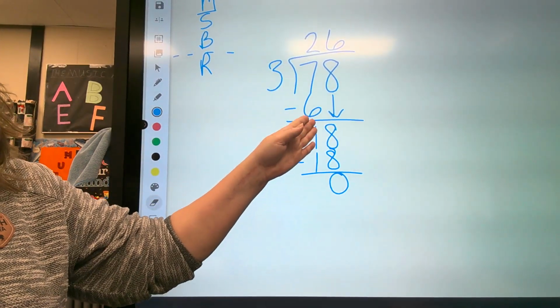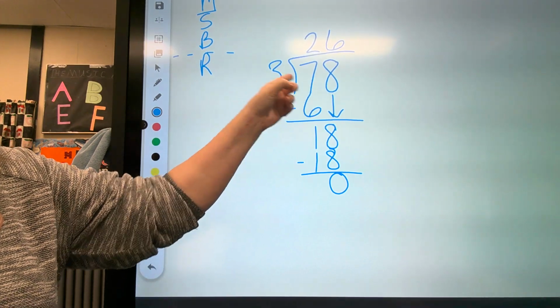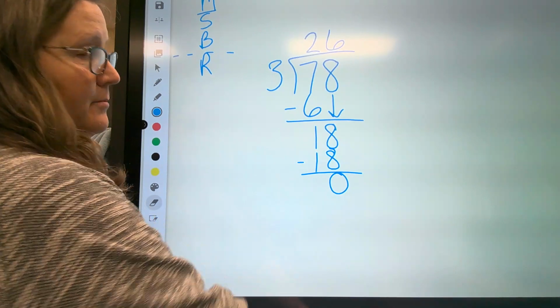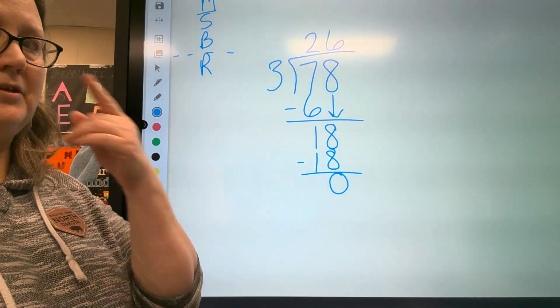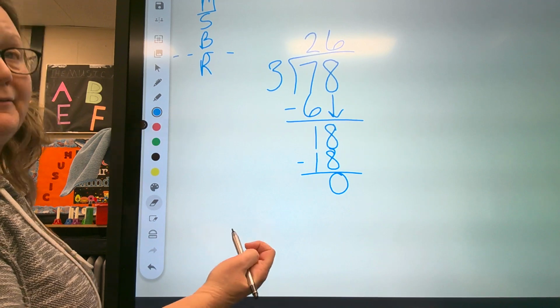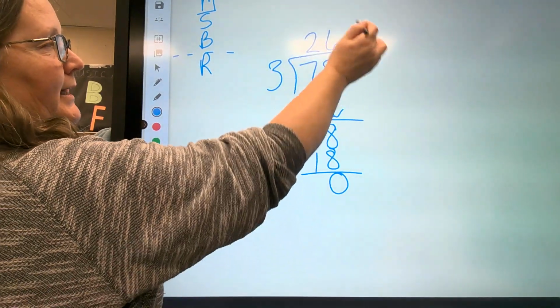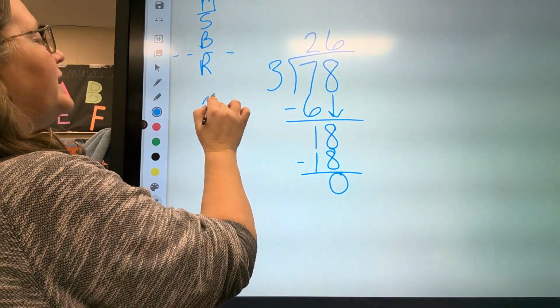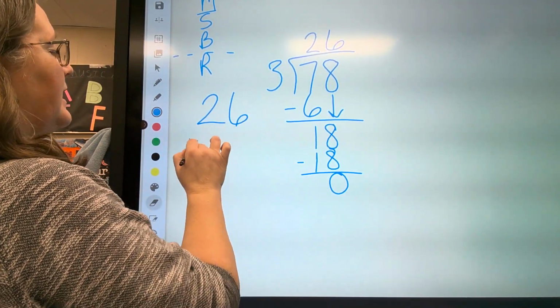Okay, so we have 78 divided by 3, and we say it's 26. How can we check to see if we're correct in our division? We multiply, right? So we would multiply our quotient, our answer, by the divisor. So 26 times 3.